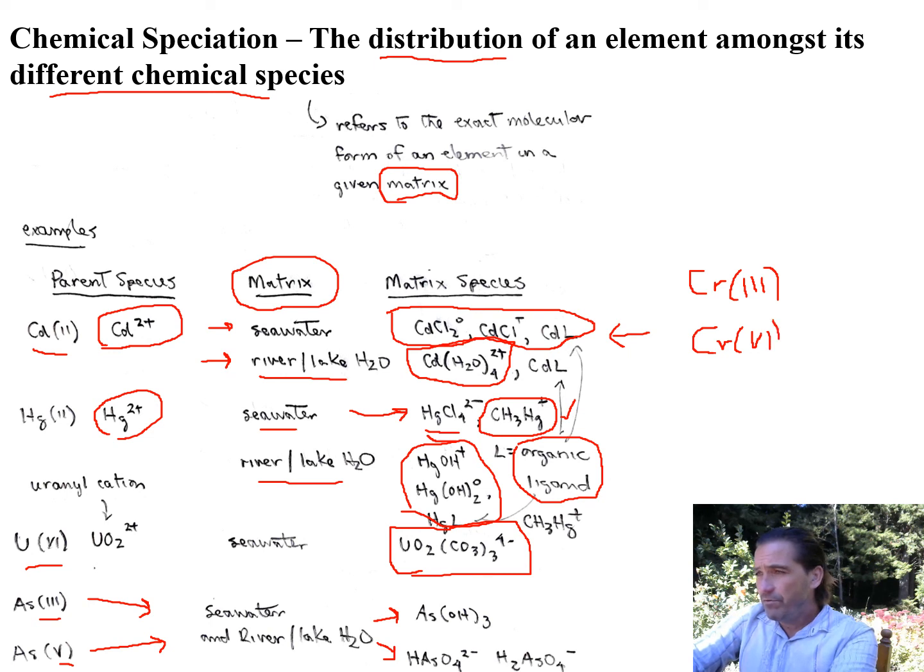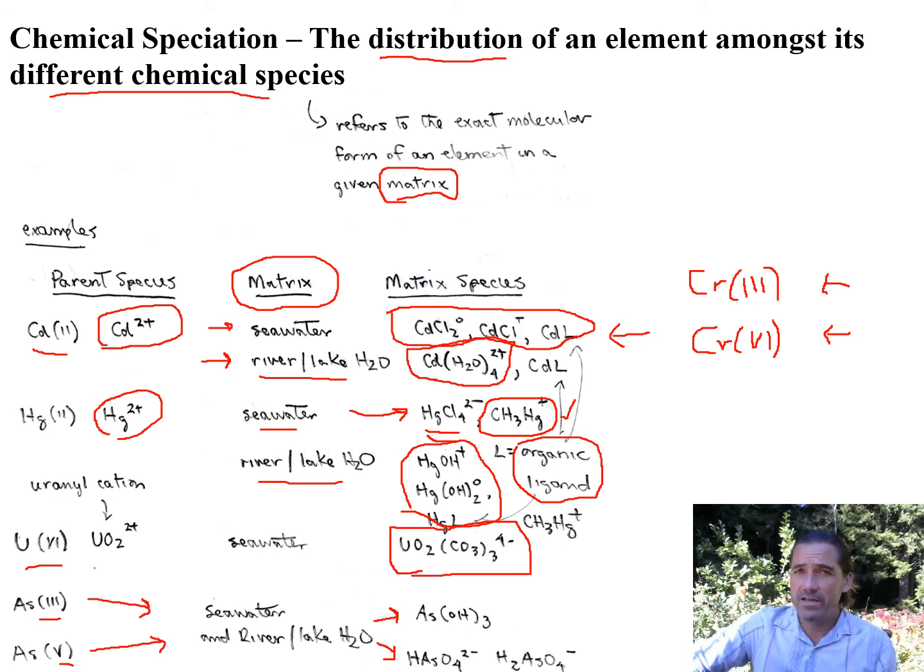So if you were to measure how much chromium is in a sample, that really doesn't tell you much about how toxic or good it is for an organism. It really depends upon the speciation. So you would need to measure and use analyses that help you determine what oxidation state you're dealing with.